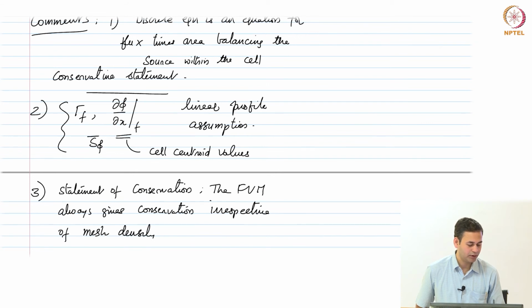If we take coarse cells or if we take fine cells, it is always going to give a conserved solution. But of course, it may not be accurate. So, that we have to see, it may not be accurate though.